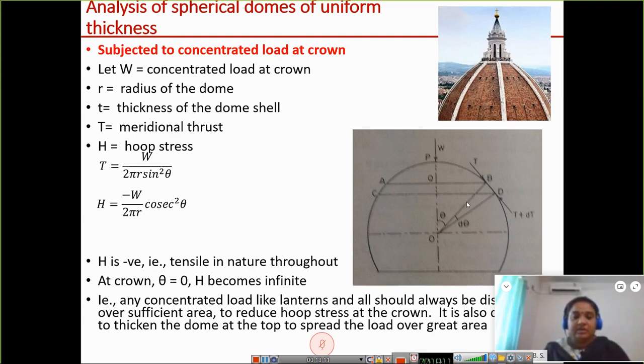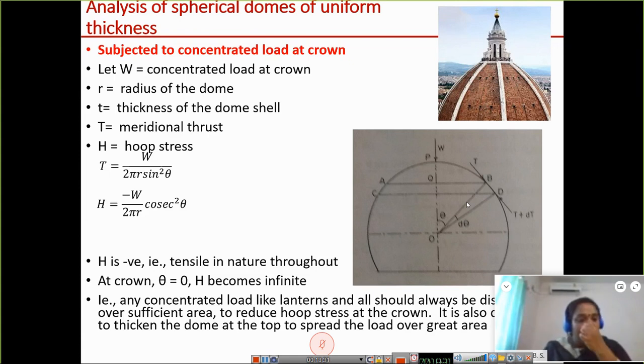So we can see that T is equal to W by 2 pi R sine square theta, and H is equal to minus W by 2 pi R cosec square theta. These are the equations which you can derive from the basics.